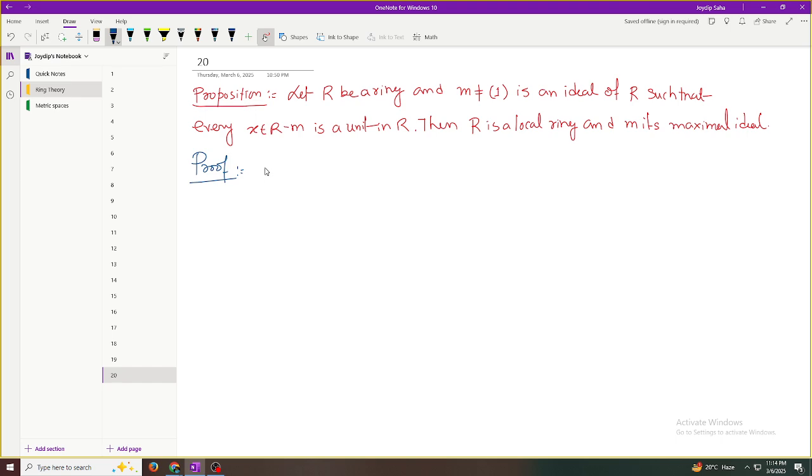Let some M1 belong to max spec R. A belongs to M1. This implies A is not a unit.